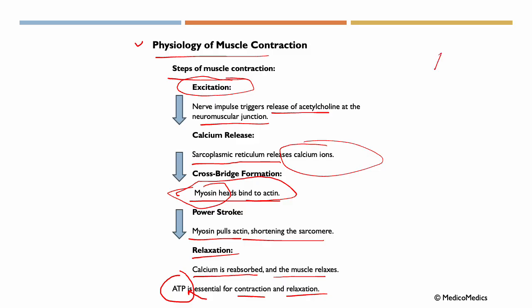So first of all, your brain sends a signal through a nerve. It releases acetylcholine, a chemical. And this tells the muscle, let's get to work. After that, the signal makes the sarcoplasmic reticulum, meaning the muscle's calcium storage, release calcium. And calcium acts like a key to unlock the contraction process.